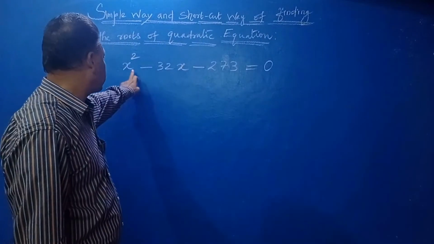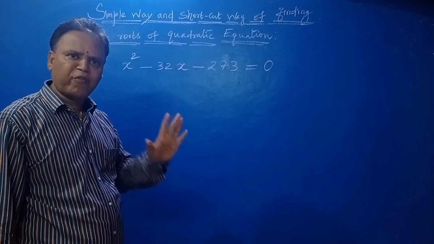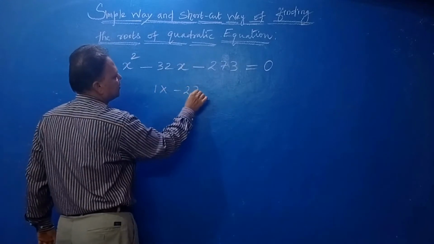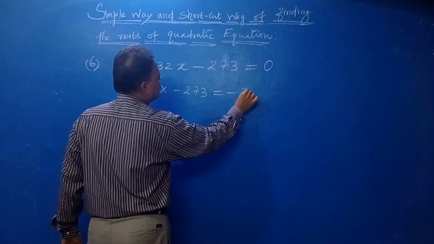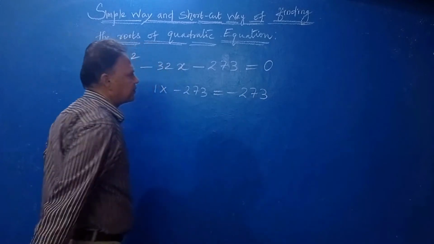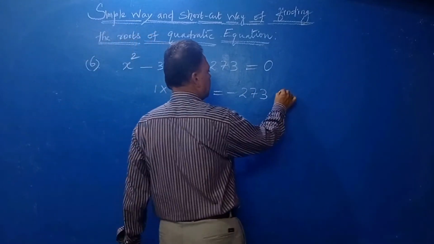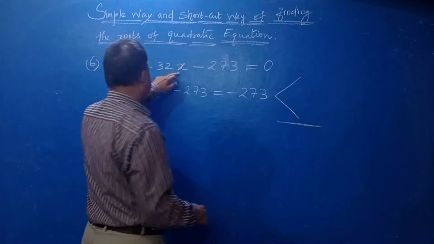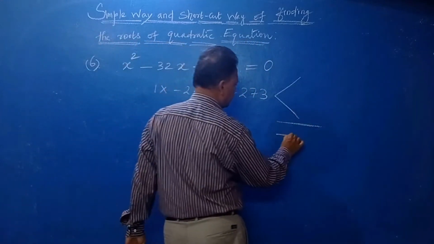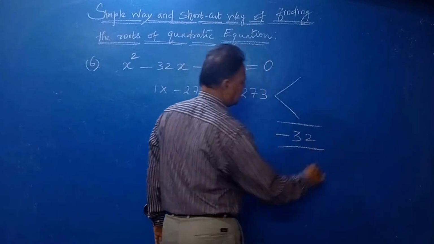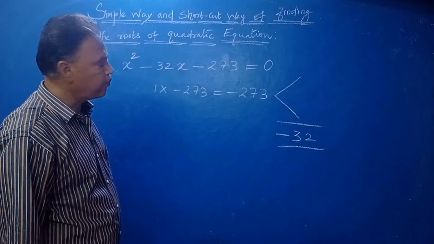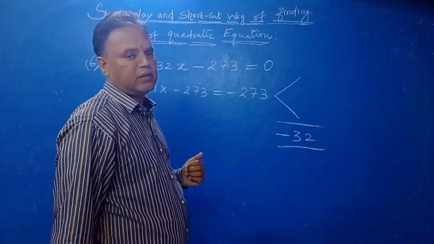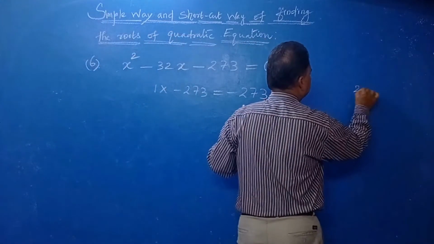You see, when the x² coefficient is 1, it is the same way. How will you write it? 1 into −273 is equal to −273. Split into two factors such that the middle term −32 comes. Now how will you split 273?